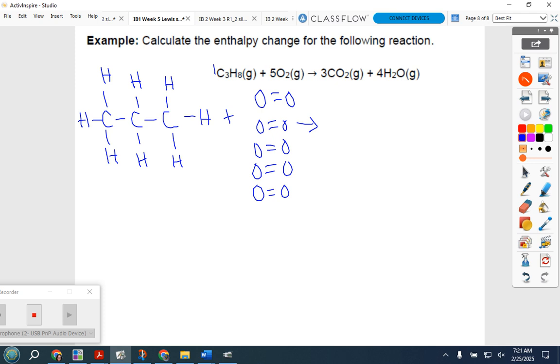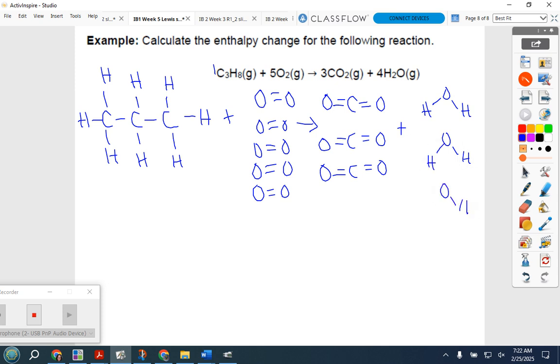And then we've got 3 CO2s, so that also is going to have some double bonds, carbon-oxygen double bonds in this case. We've got 3 of them. And then our 4 H2Os. Okay, so that is what we are looking at here.